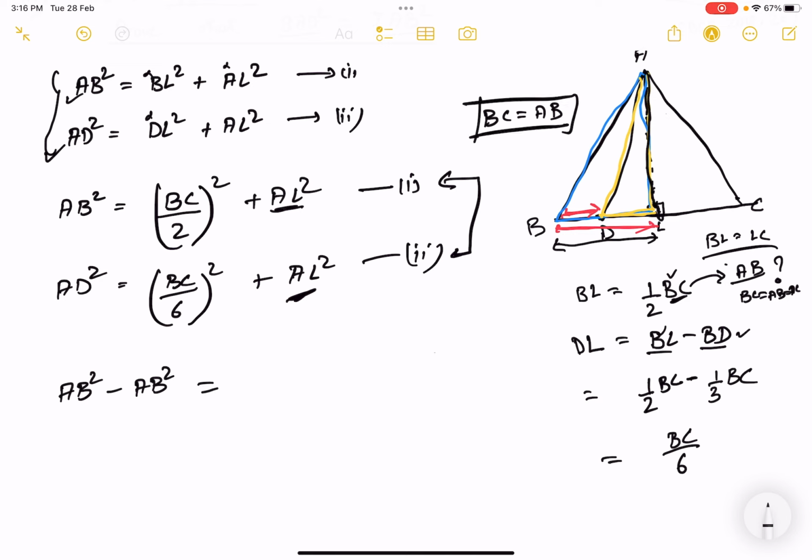So on this side we have BC square, instead of BC I am going to write (AB by 2) whole square, and this AL square will get cancelled, minus, instead of BC, we have (AB by 6) whole square.